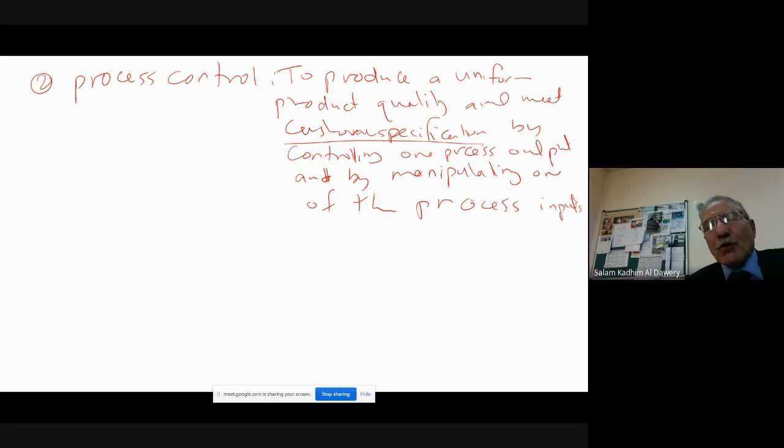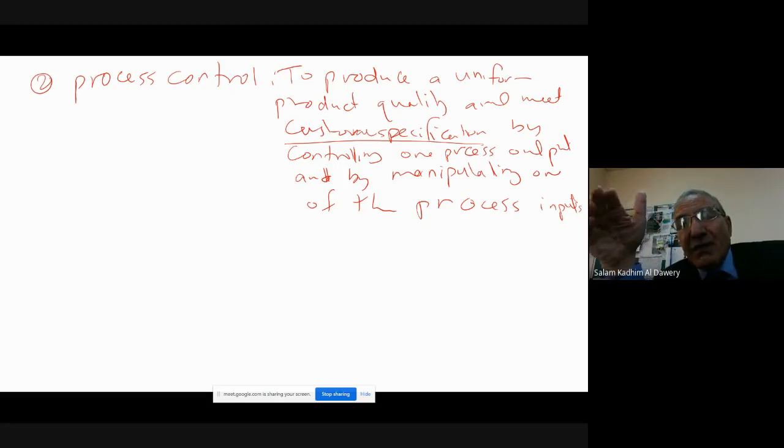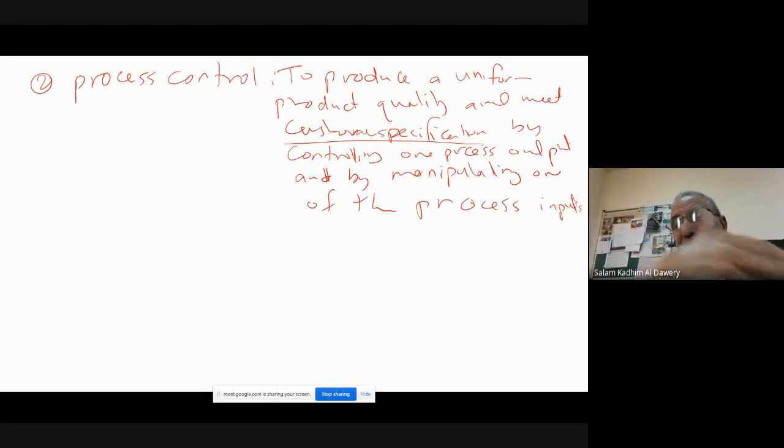Even to control the temperature, as I said earlier, when the temperature of the cooling media in a heat exchanger rises, the output temperature of your process will increase as well.